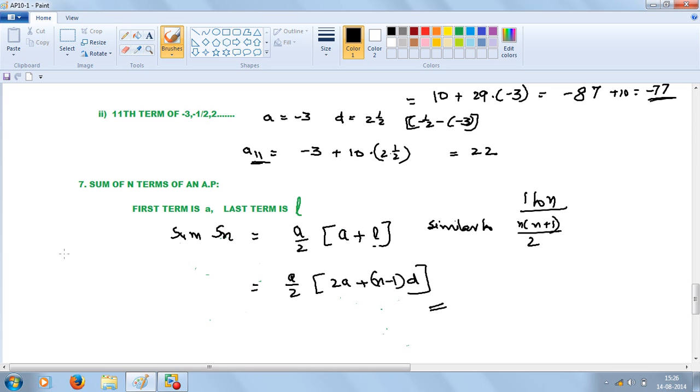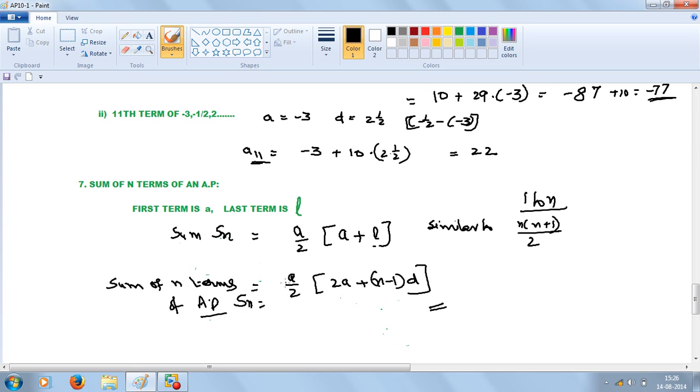Sum of n terms of an AP, we represent by Sn.